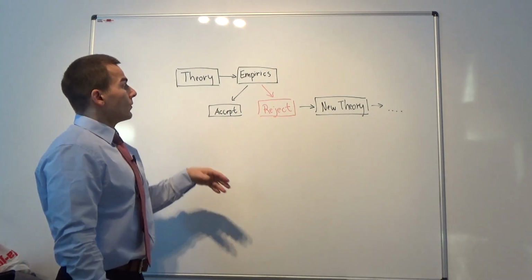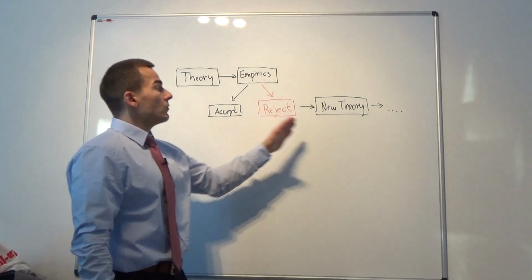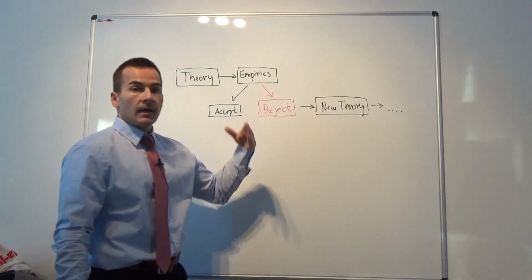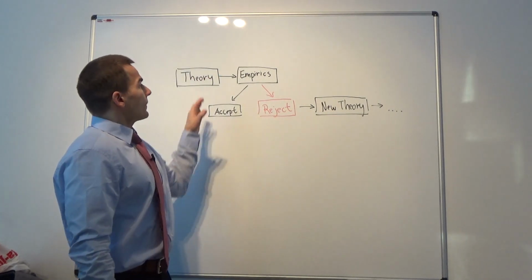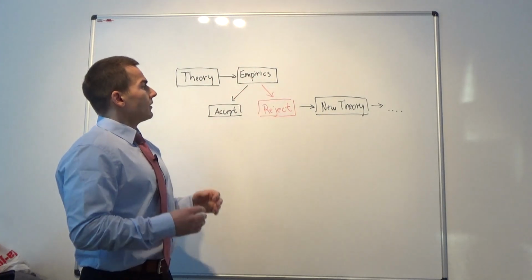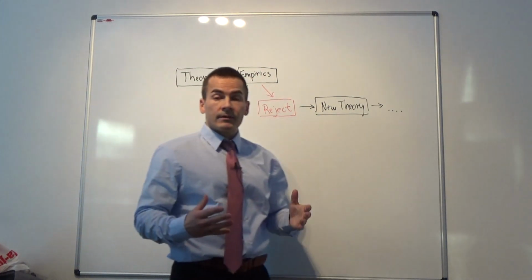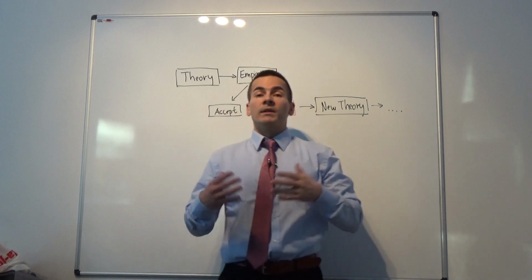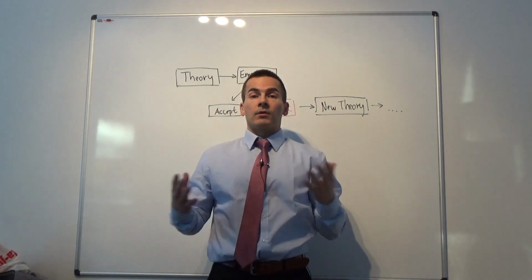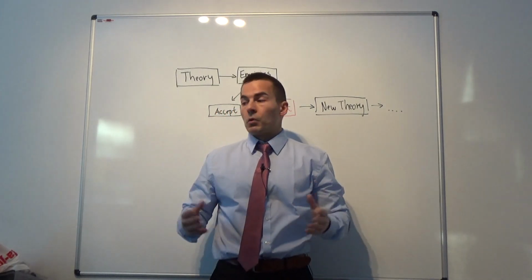Once we reject a theory, we build up a new, improved theory, and we do the same thing over again. So empirical tests are obviously very important, and you will need these kinds of procedures in any kind of social science.